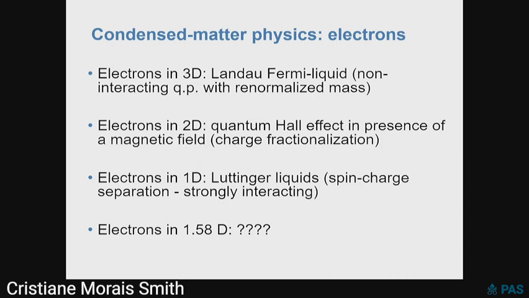I can get charge fractionalization in the presence of this perpendicular magnetic field, the fractional quantum Hall effect. If I come to 1 dimension, again, the physics changes completely. I can get spin charge separation, which is super nice. And everything changes depending on dimensionality. So the question is, what happens when I go to intermediate dimensions, to fractional dimensions?